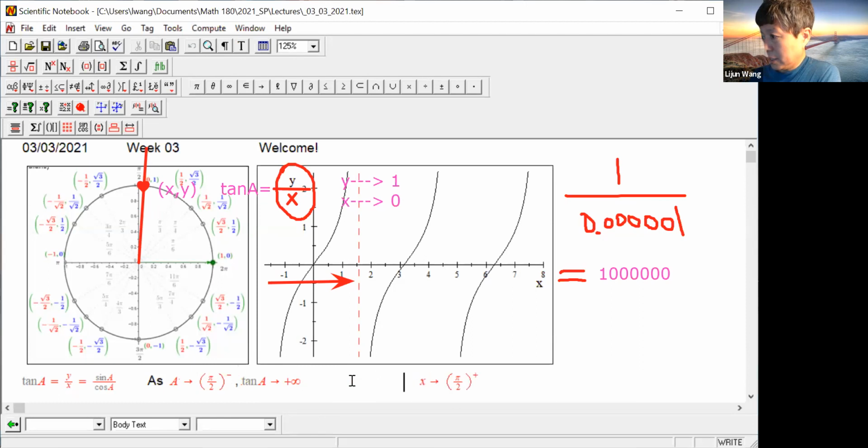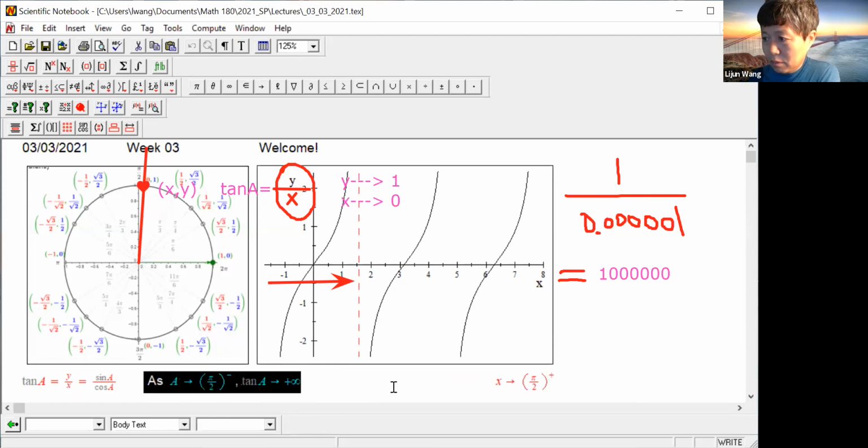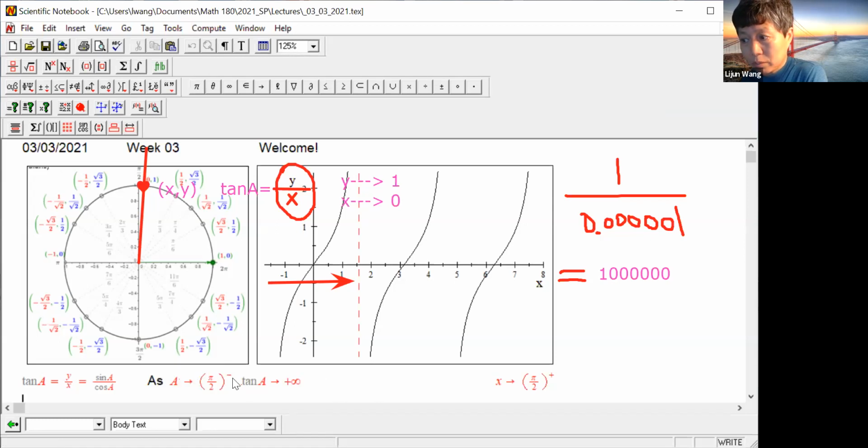Okay, we're going to do that later. I put it on the side. So this piece, you need it in calculus class. What does it mean? It means that as the angle approaches pi over 2 from smaller than pi over 2, the ratio of tangent is approaching positive infinity. You follow me?